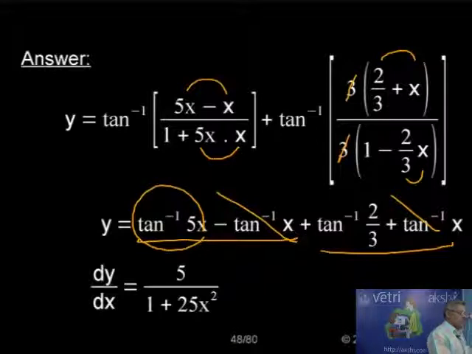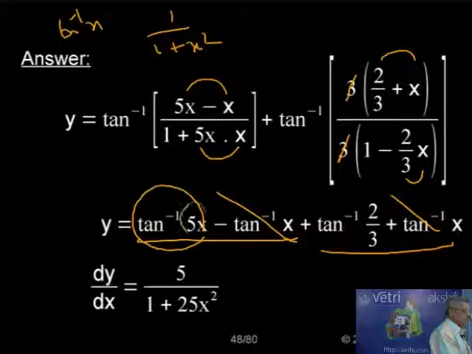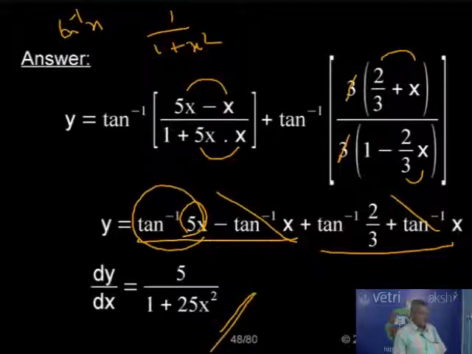Differentiating tan inverse 5x using the function of a function rule: if you differentiate tan inverse x, you get 1 by 1 plus x square, where x is the argument. Here 5x is the argument for this function. Therefore, 1 by 1 plus (5x) whole square, that is 25x square. Differentiate 5x, you get 5. So, ultimately you get 5 by 1 plus 25x square.